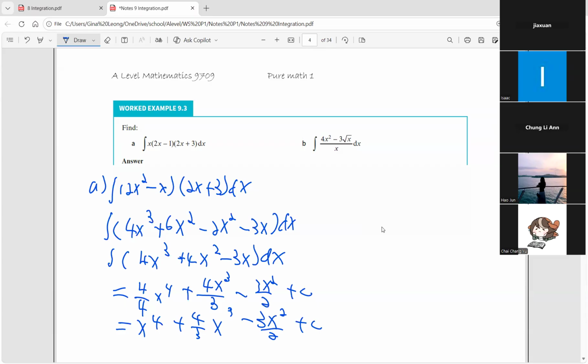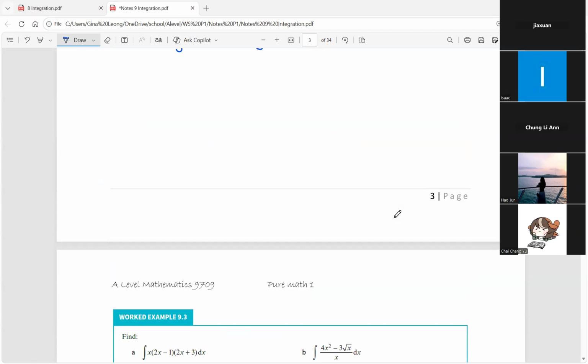Copy can. Which part you want to copy? The 9.2. Chanyi, which one you want to copy? The last one, this one. Is it this one? Part 1, oh, okay.